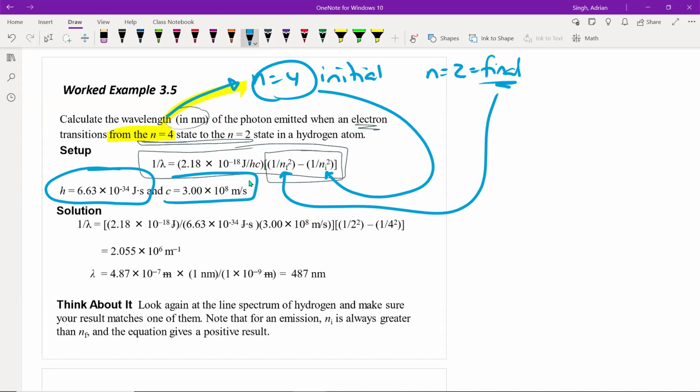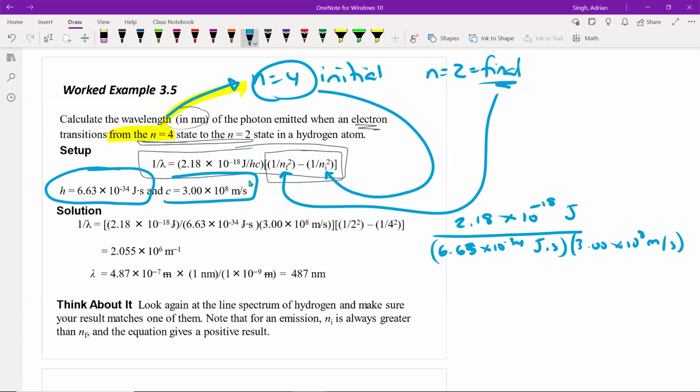over the wavelength. So when you do this calculation, if you look at your units, we'll write this out so it looks a little bit easier to process. 2.18 times 10 to the negative 18 joules, divided by Planck's constant, 6.63 times 10 to the negative 34 joules times seconds, and that's times the speed of light, 3.00 times 10 to the 8 meters per second.